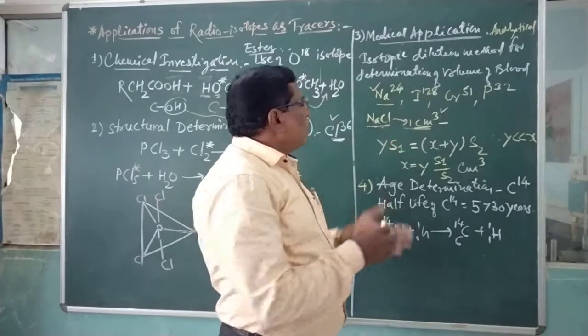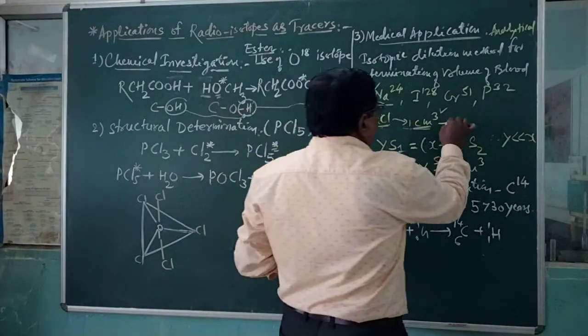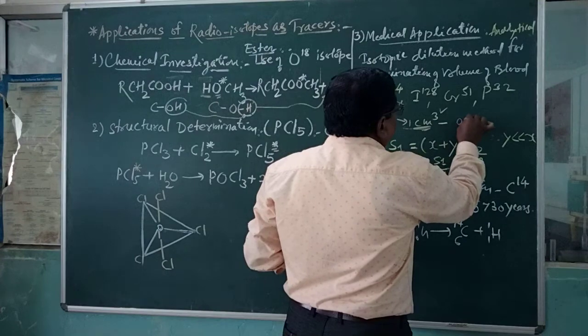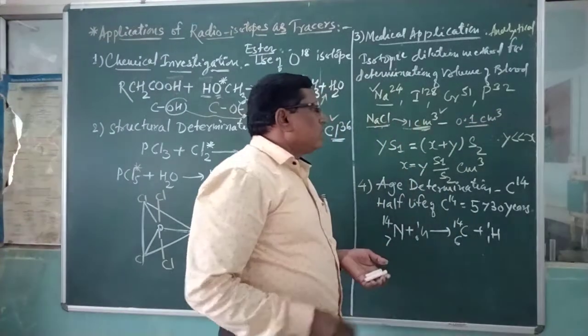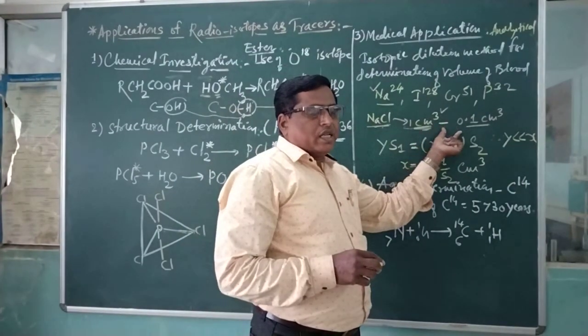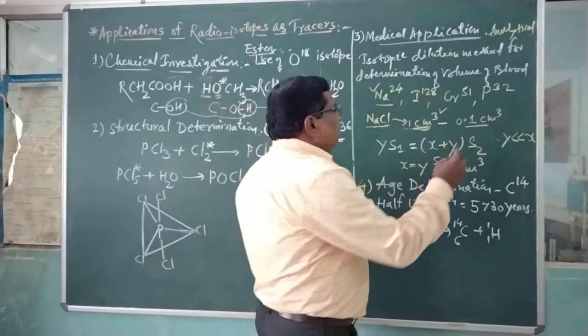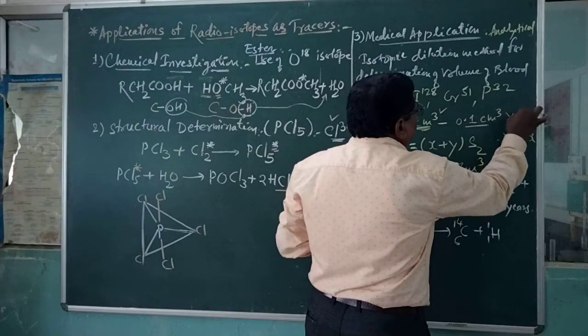Then the specific activity of 0.1 cm³ of blood is taken. Of the 1 cm³ total blood, only the specific activity of the 0.1 cm³ blood is checked, and this is obtained as S1.